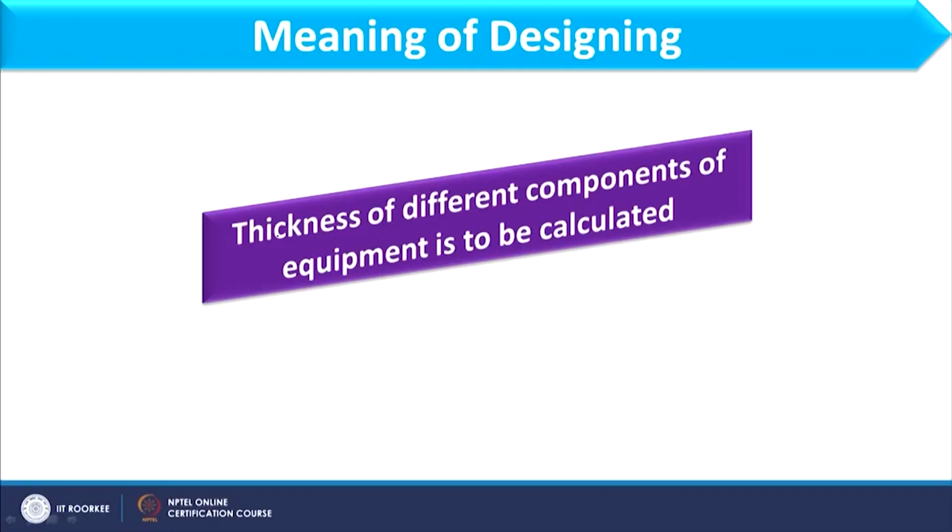And now we are focusing on the meaning of design. If I say I have to design a particular equipment, what do I mean by that? The meaning of design in this course is to decide the thickness of different components of the equipment. It means to compute the thickness.